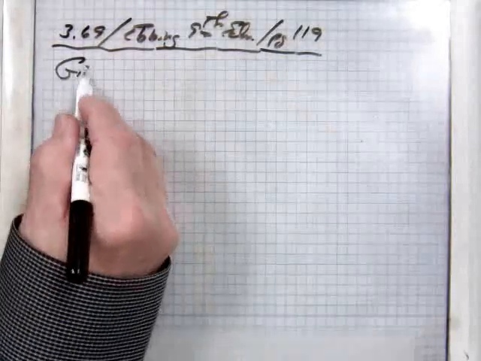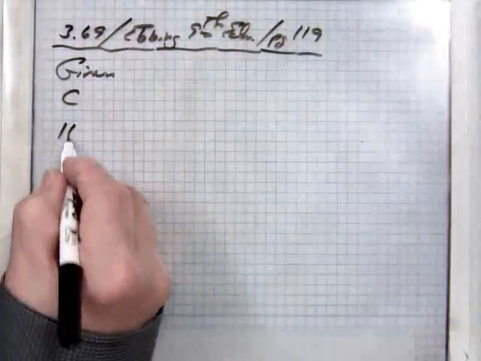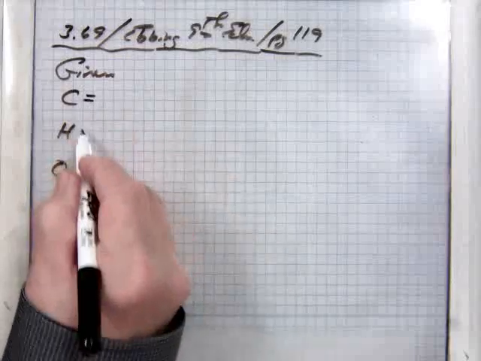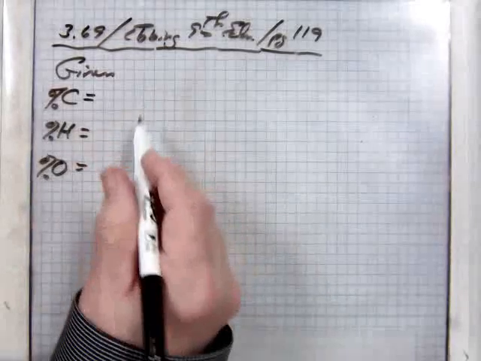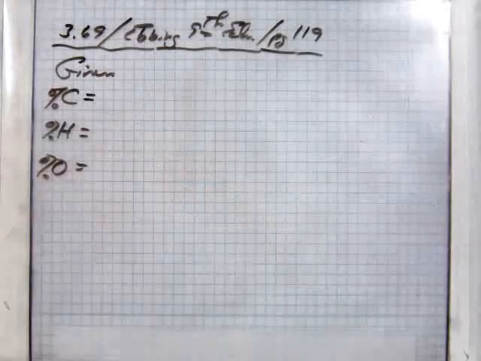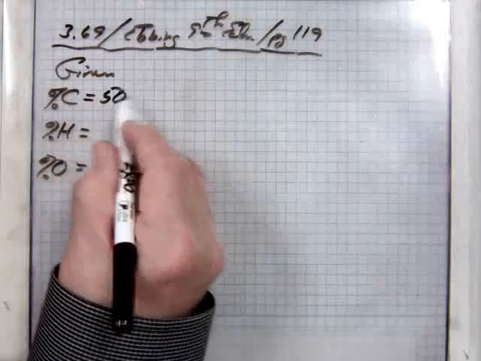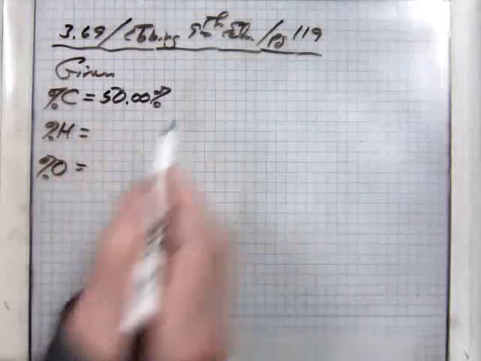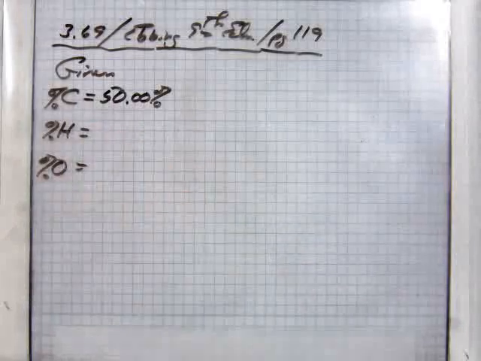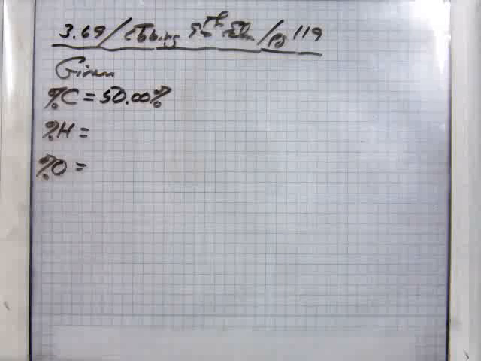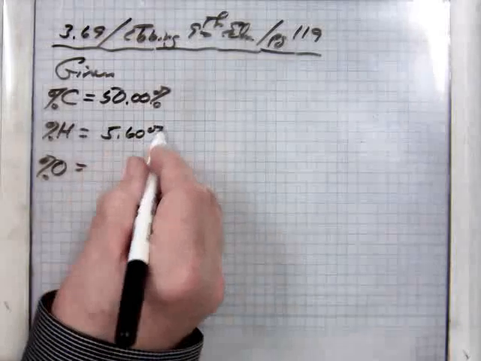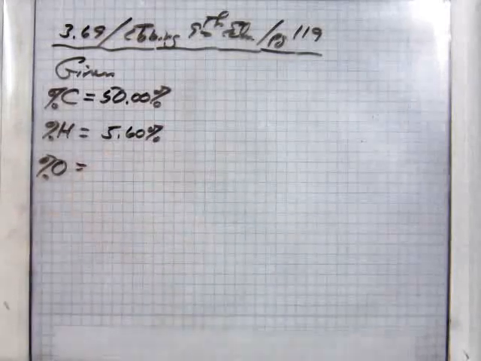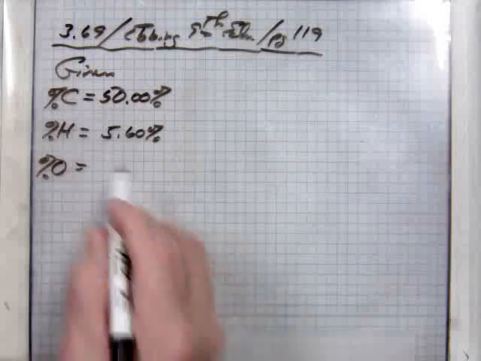So we're given carbon, hydrogen, and oxygen in percent per hundredweight already. And so this 50% carbon, be sure, 5.6% hydrogen by weight and 44.4 oxygen.